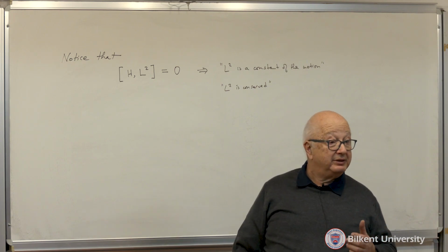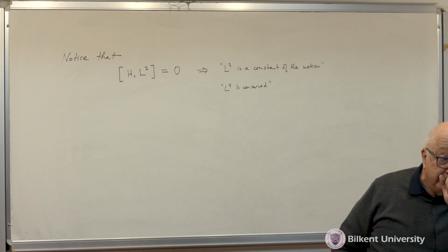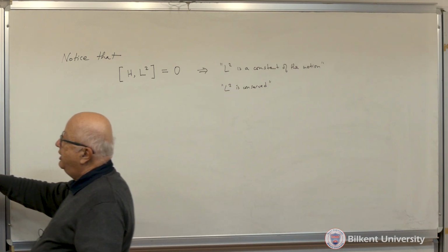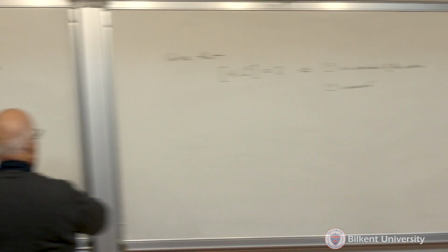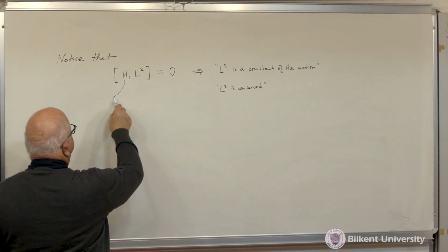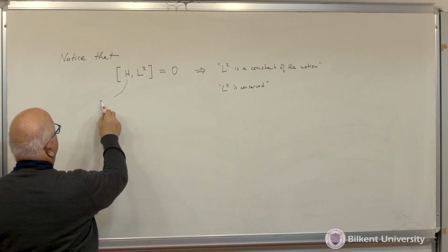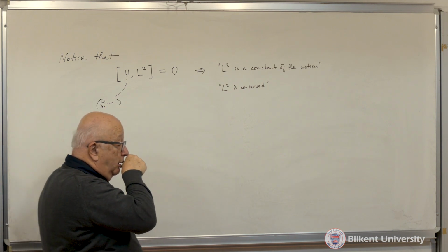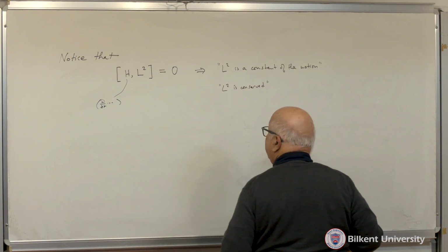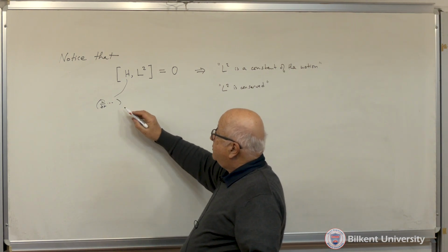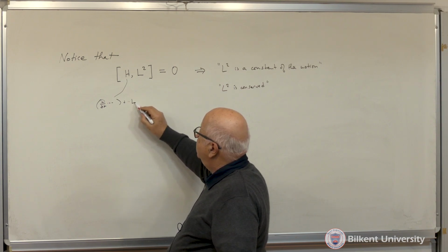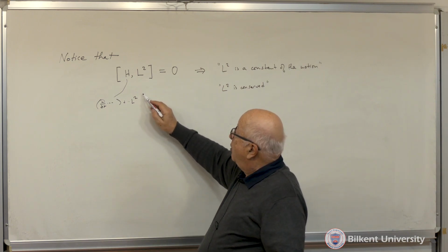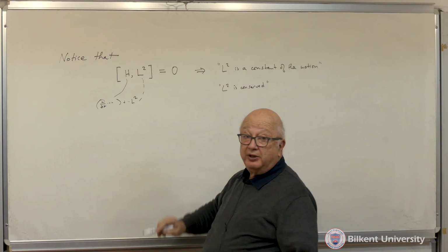I couldn't understand why this commutator is equal to zero. I am just trying to find the commutation relation of this H, which contains terms like the derivative with respect to R, and also a term which contains L squared. Obviously L squared commutes with itself.